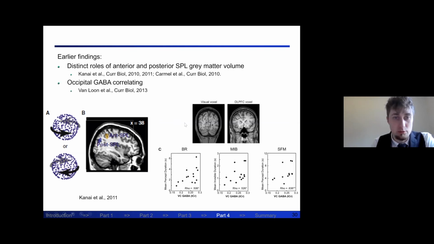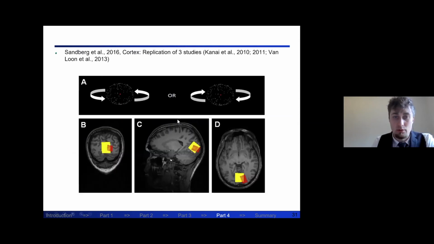And then Anouk Lohm did a 2013 study with spectroscopy, where she found a correlation between structure from motion percept duration, so reversal rate as such, and visual cortex scatter. At the same time as her, we were doing basically the same study, but we didn't find anything interesting at first, so it got sort of to the back of our publication queue.